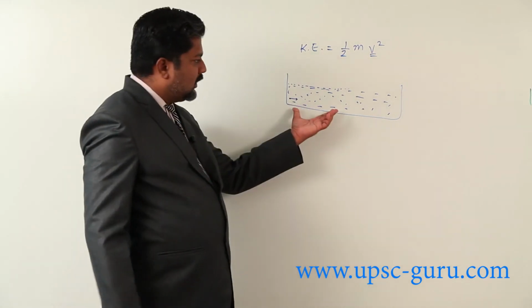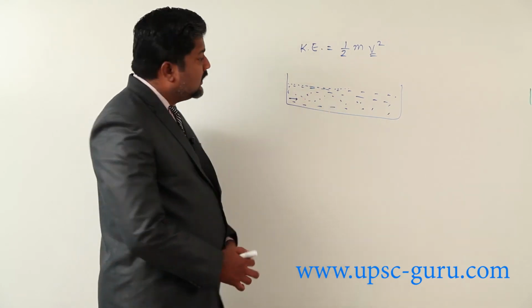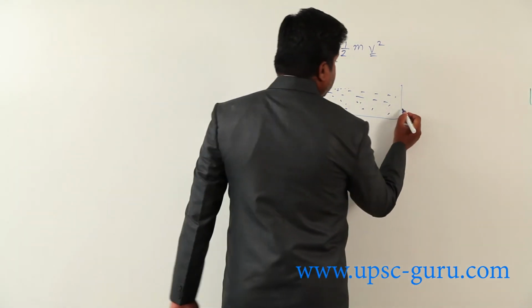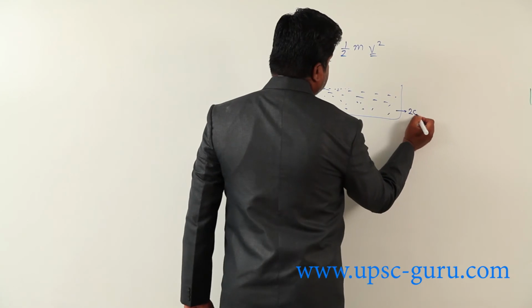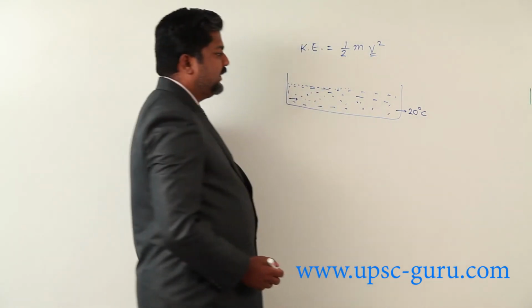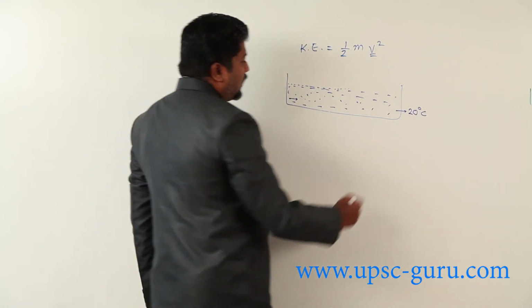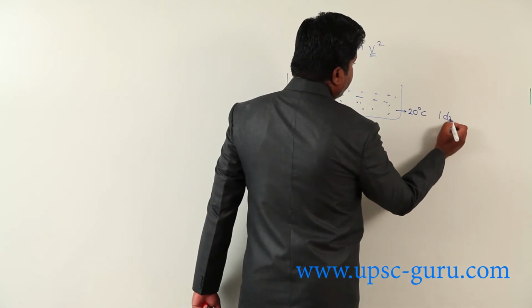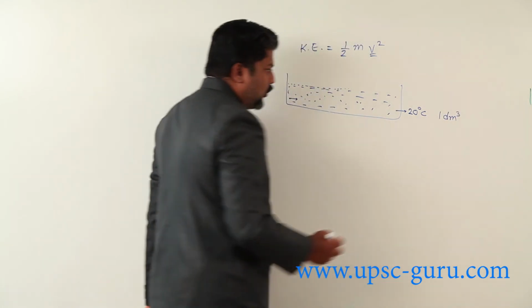Now this is water, pure water. Imagine, let us take, this is at a temperature of 20 degrees Celsius. The volume of water is 1 decimeter cube.